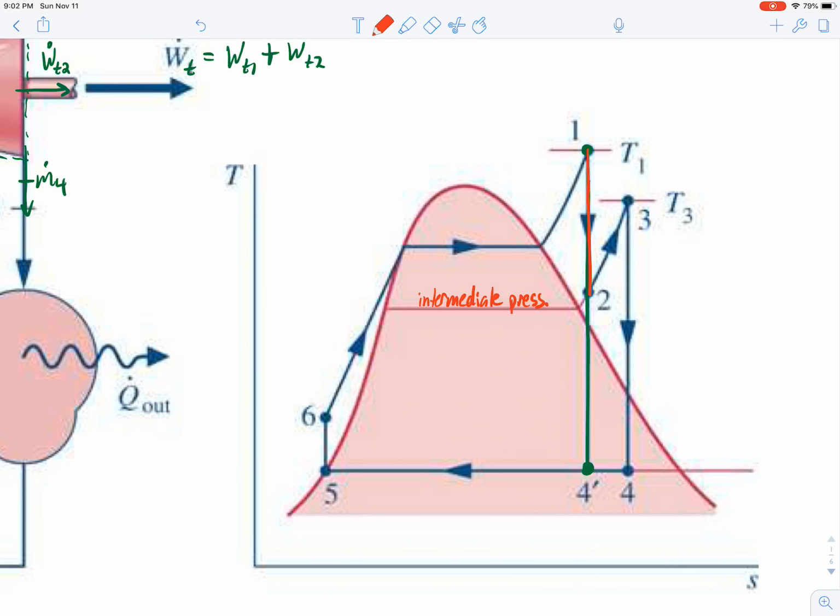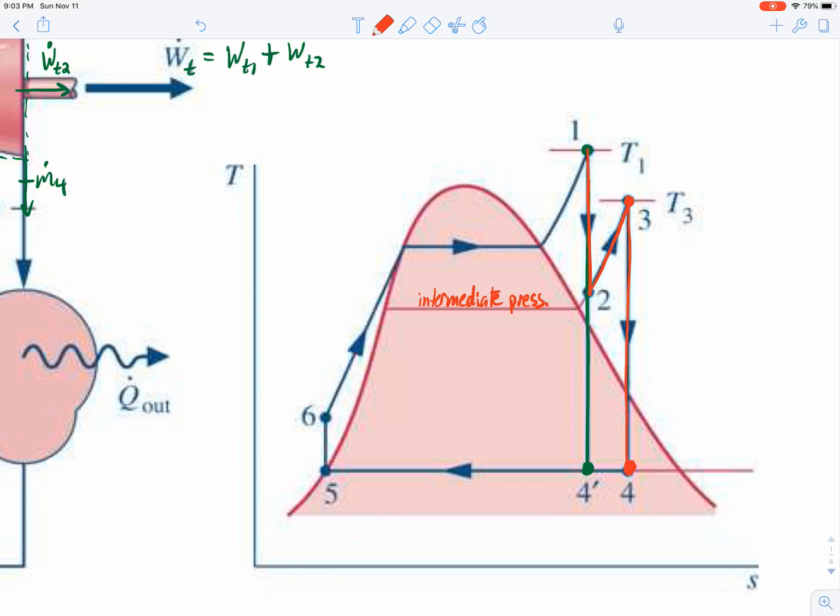Intermediate pressure. And then at that intermediate pressure, which is a variable that you set, I go back in to the steam generator, I increase the energy level of my fluid to a new state, and then I drop through my second turbine.